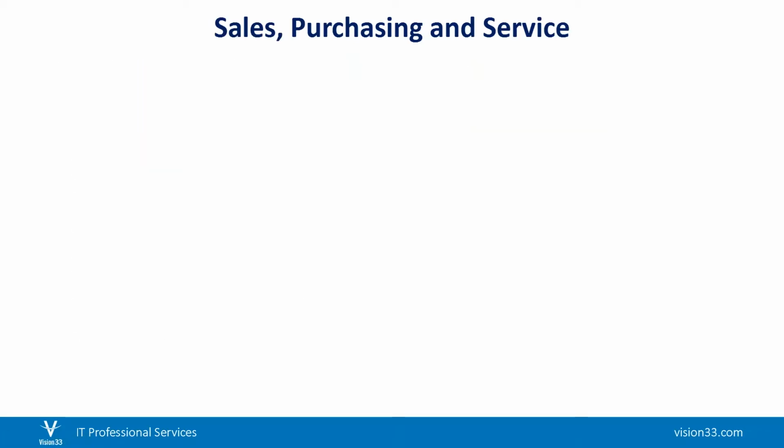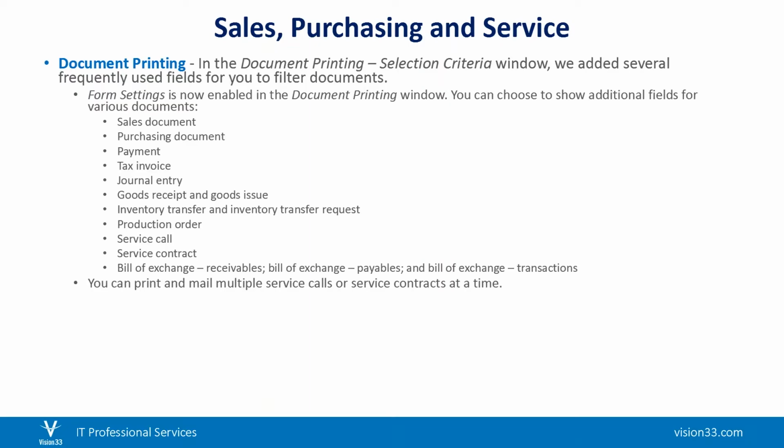Under sales, purchasing and service, document printing, right? So in the document printing menu selection, you can use the selection criteria window. They've added a number of frequently used fields for you to filter documents by. So form settings is now enabled in the document printing window, so you can choose to show additional fields for various documents.